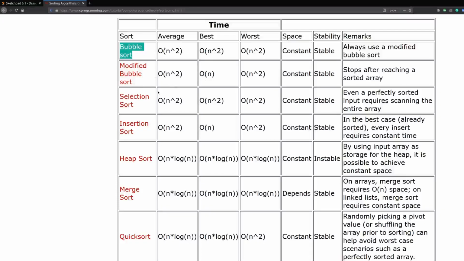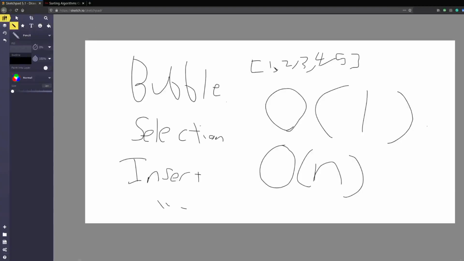But there's always better ones that you can get. So you can see this is n squared. So if it's n squared, that means for each element, you have to go over every element again. So for this, you'd have to go over everything 25 times, which is not good.